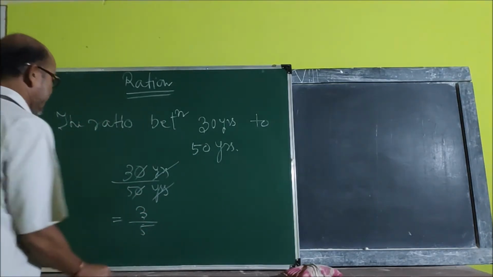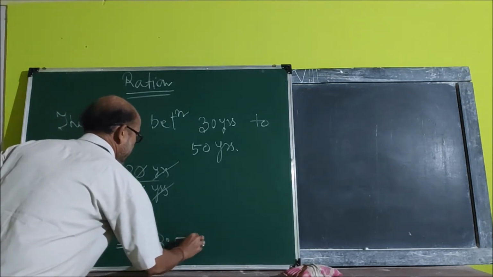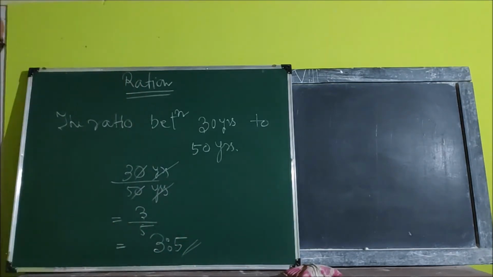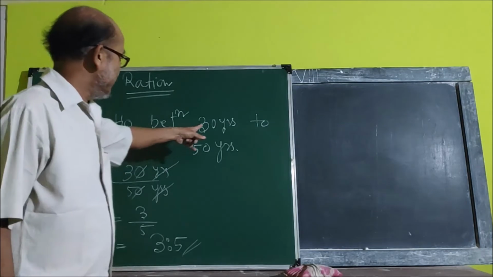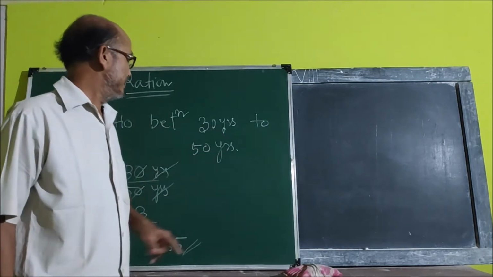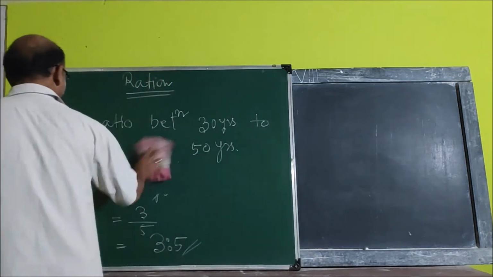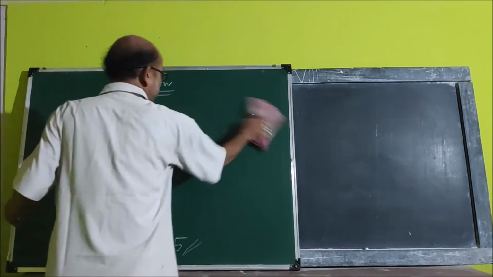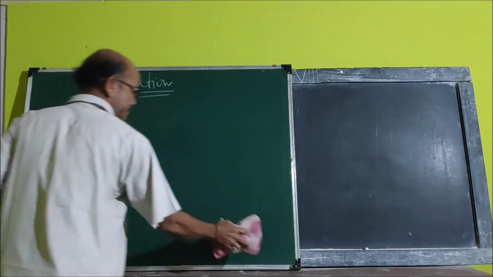It can be written like this. This is the ratio between 30 years and 50 years. Now you see here, ratios are generally of 6 kinds.